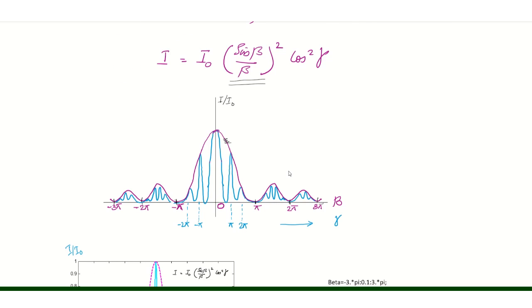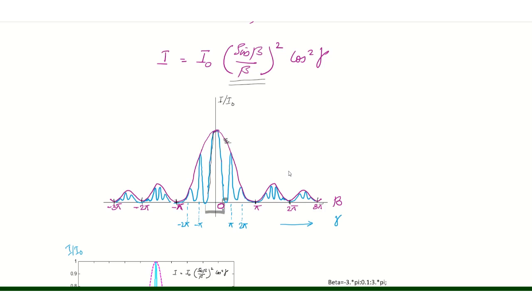This is beta. And if you plot cos squared gamma as a function of gamma, then this blue line is what you will get.